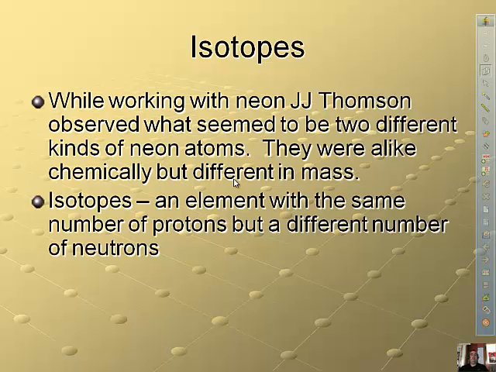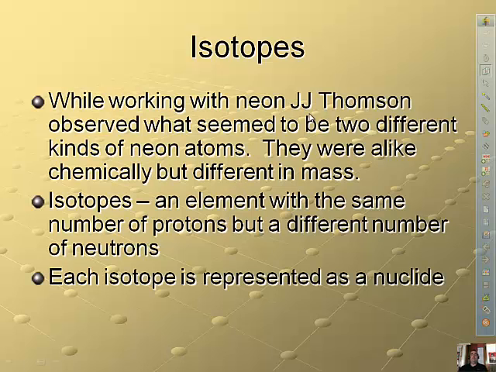An isotope is an element with the same number of protons but a different number of neutrons. John Dalton would have said there's one and only one kind of neon, but J.J. Thomson found different neons. The difference comes from the number of neutrons. The number of protons has to stay the same because that's the chemical identity of that element.